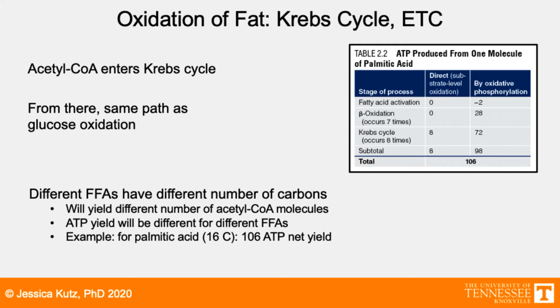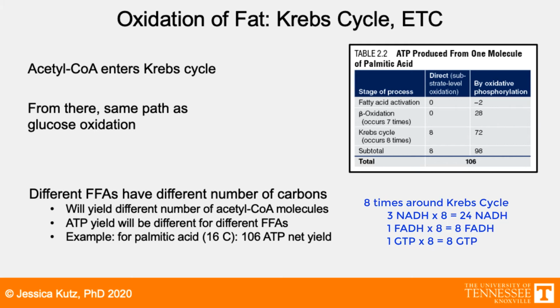So if we take our products by going around the Krebs cycle 1 time, we end up with 3 NADH molecules, 1 FADH molecule, and 1 GTP molecule. So we're going to multiply that by 8 because we're going to go around the Krebs cycle 8 times. So we'll have 24 NADH molecules, 8 FADH molecules, and 8 GTP molecules.